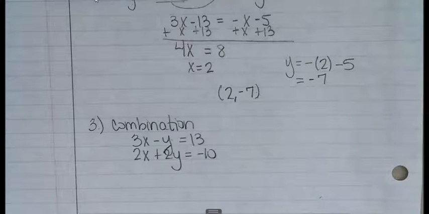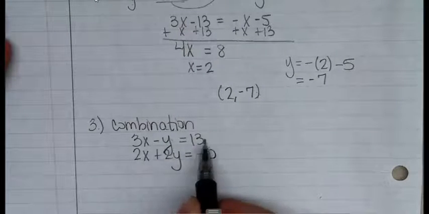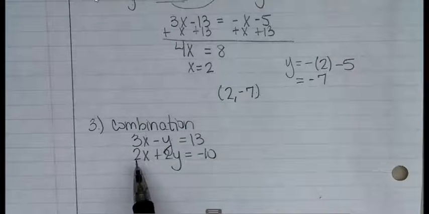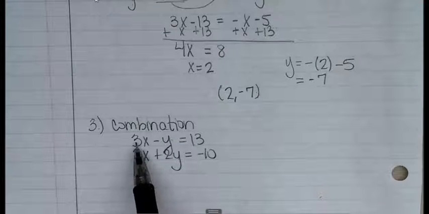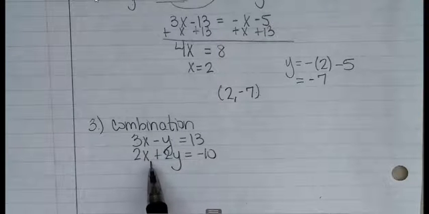Now the way I'm going to do that is basically by multiplying this top equation by 2. Could you also make, for example, the x's go away? Sure. You'd have to multiply the top by 2 and the bottom maybe by negative 3, so that one would be positive 6, one would be negative 6, and those would go away.